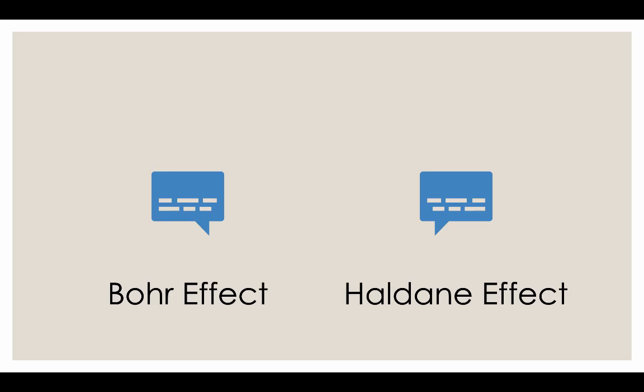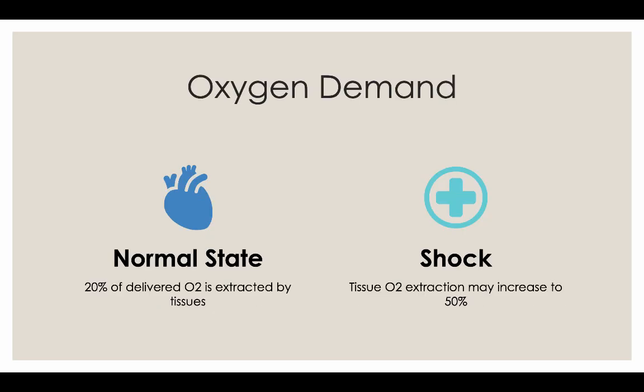But just know that the Bohr effect and the Haldane effect both play into that oxygen hemoglobin dissociation curve. And in a normal patient, about 20, maybe 30% of the oxygen delivered, that supply delivered to our tissues, to our cells, is used. So remember that SvO2, anything over 70, we are happy with.